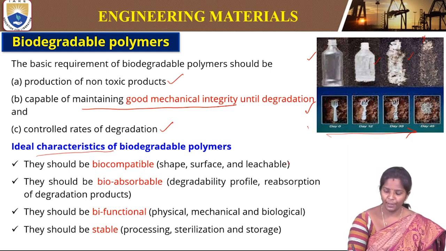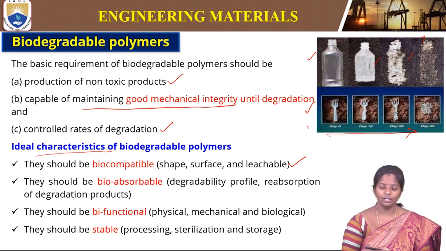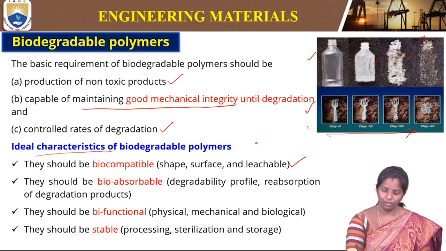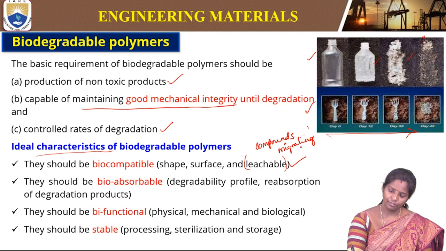They should be biocompatible. It means the size, shape, surface and leachability of that particular polymer should be biocompatible. For example, leachables are compounds leaching out of the polymer, coming out or migrating from the polymer during its usage.